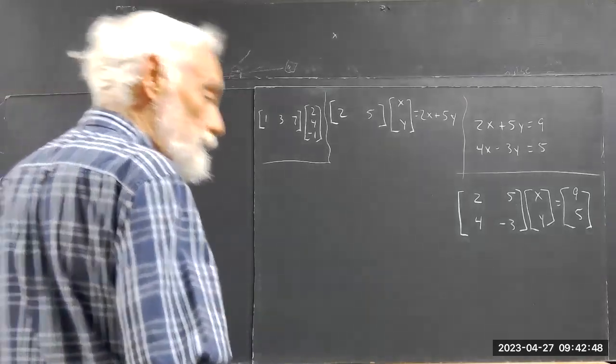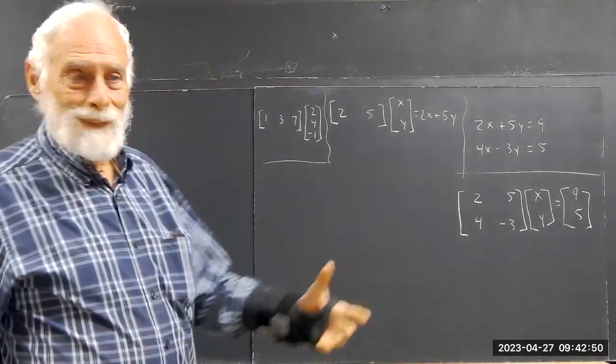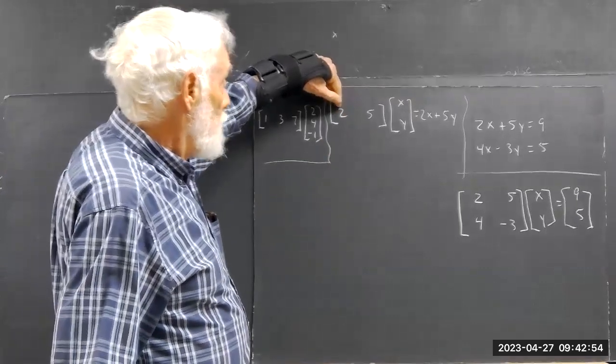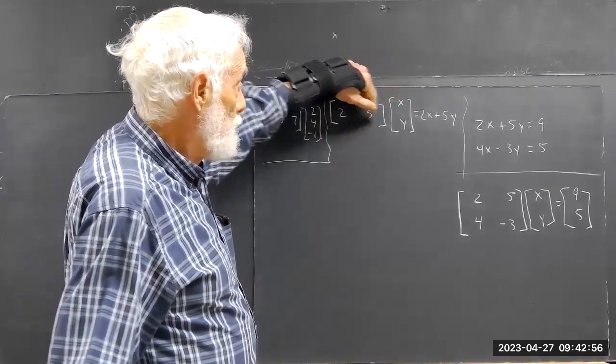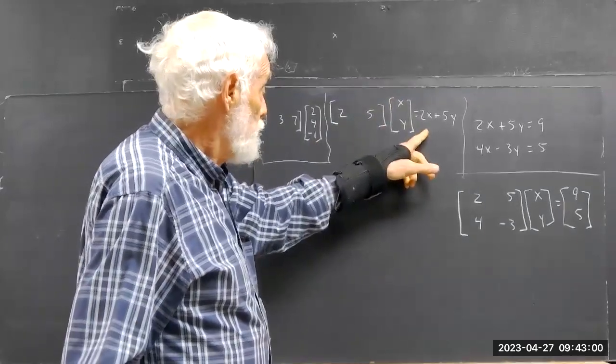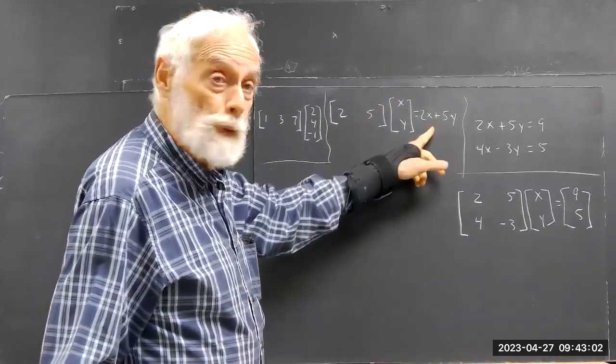Okay, now I never wrote this down, so some of you didn't quite pick up on exactly what I said. Here I said you multiply the first one by the first one, the second one by the second one. So we get 2 times x and 5 times y, and we add them.